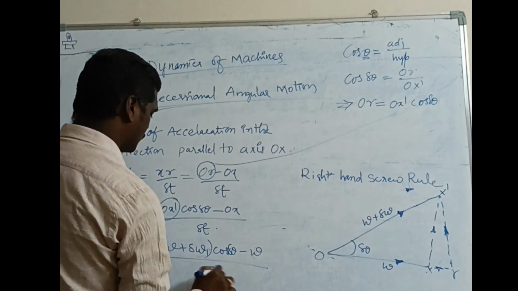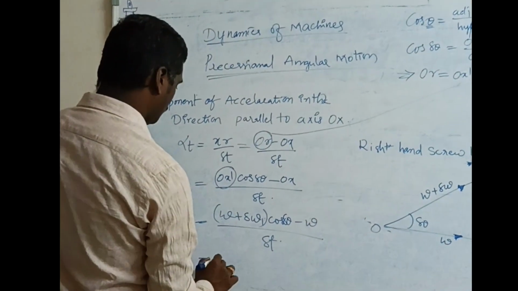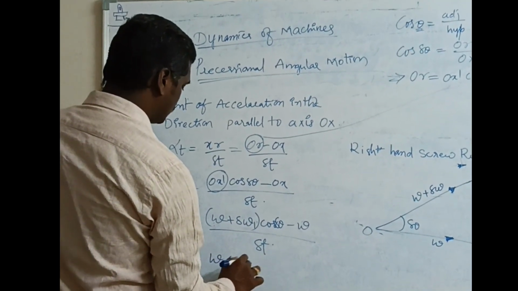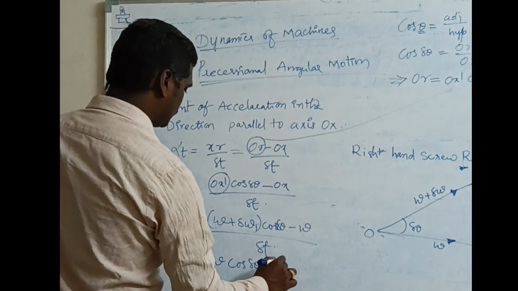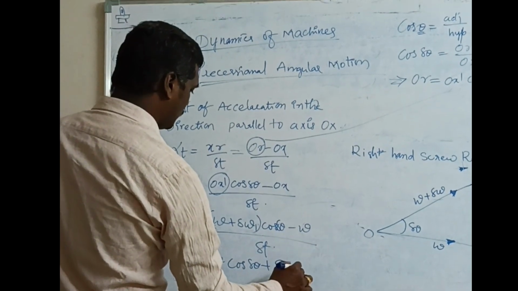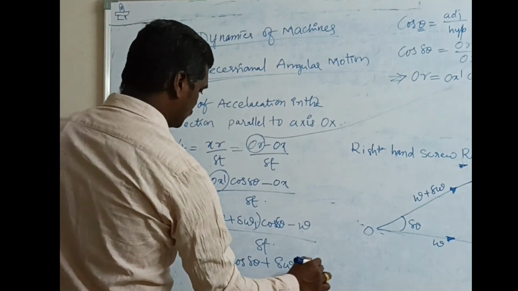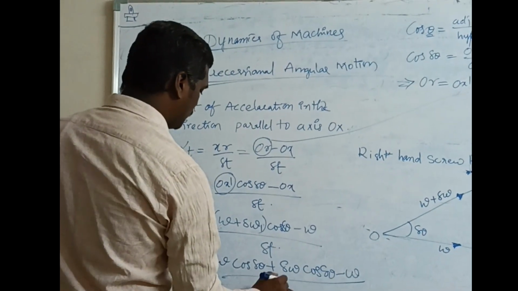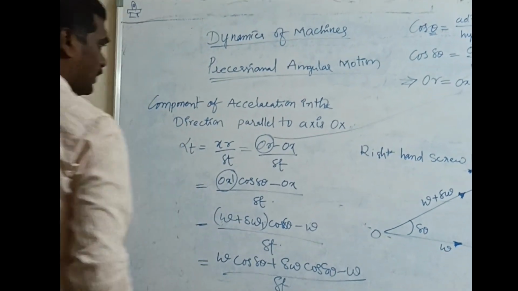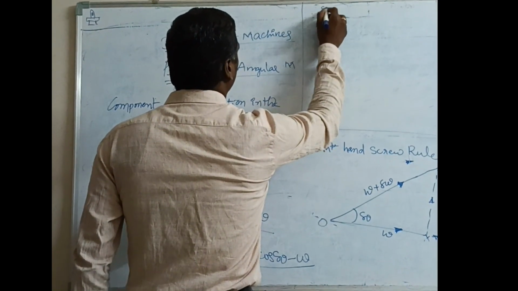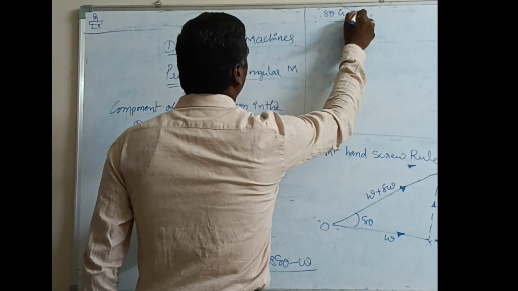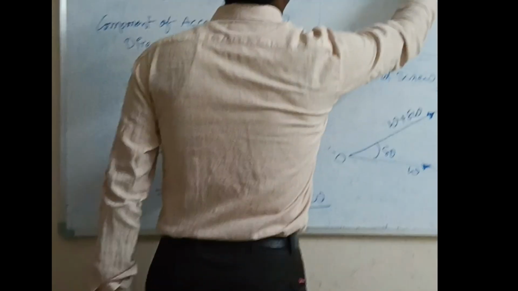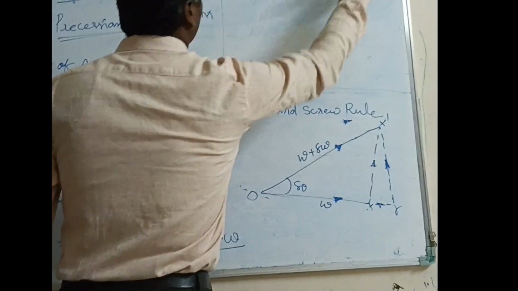Now omega cos delta theta plus delta omega cos delta theta minus omega, by delta t. Since delta theta is very small, instead of cos delta theta we can take one directly.